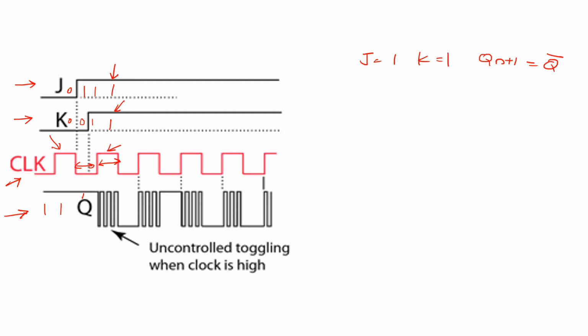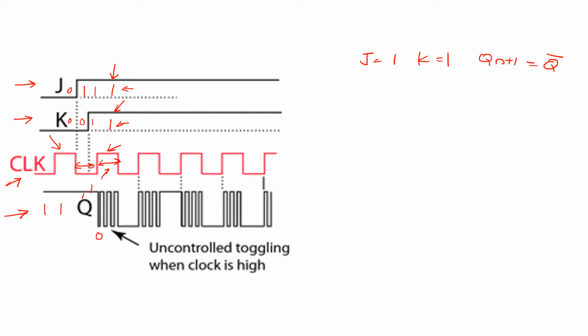Here the previous state is 1, so it will change to 0. Now the state has changed to 0. Even though the output has changed to 0, you still have the clock signal and the inputs are still 1 and 1.